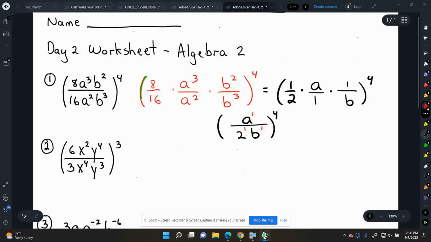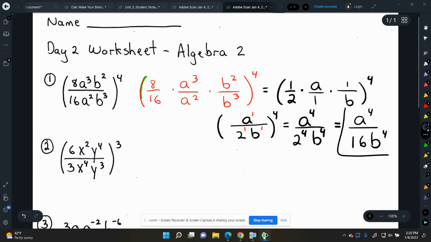So now I'm going to multiply the 4. So it becomes a to the 4th, 1 times 4 is 4, over 2 to the 4th times b to the 4th. The only thing left to do now using your calculator is figure out what 2 to the 4th is, and that is 16. So there's your answer. Okay. We simplified it just like we did yesterday and we did for homework.